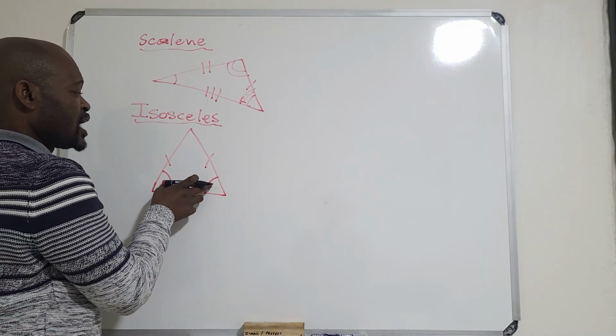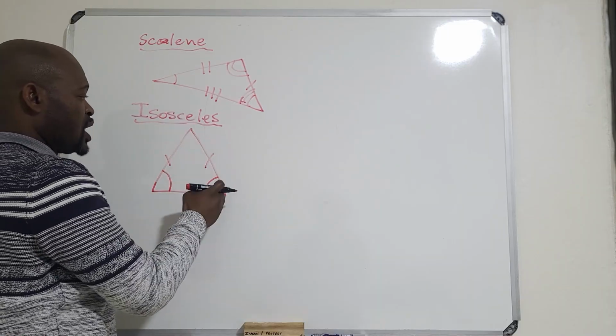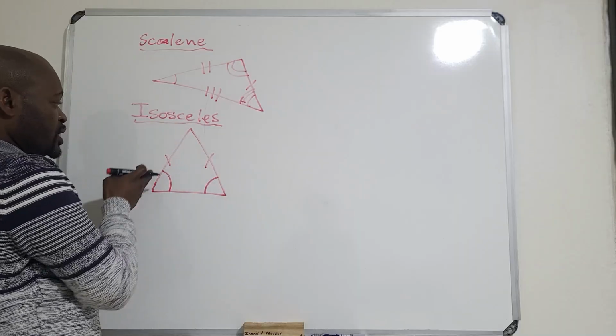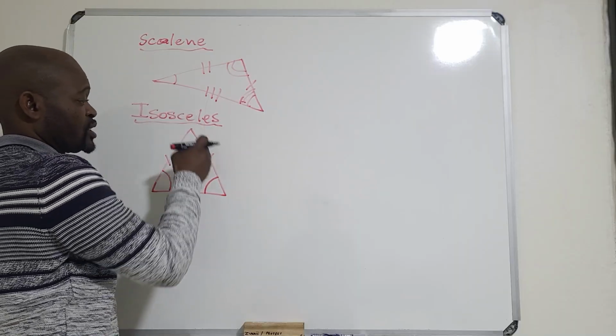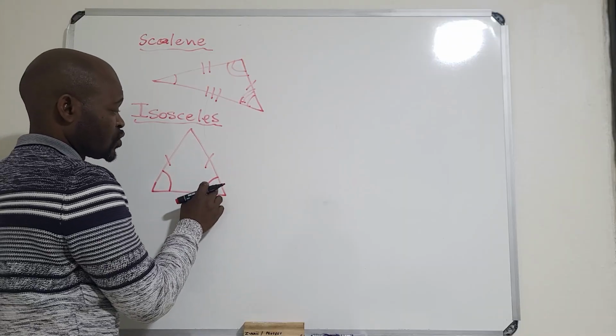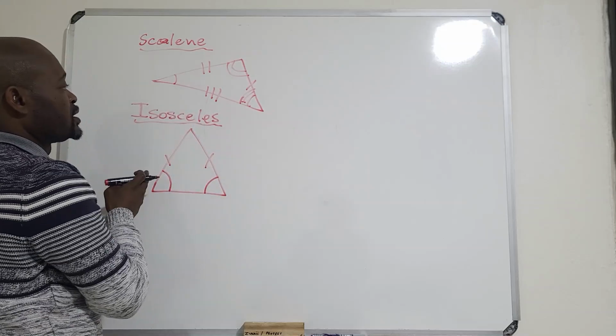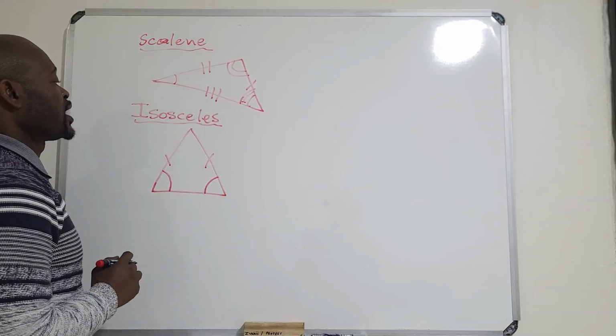These angles are equal because they are opposite equal sides. This angle is opposite this side, this angle is opposite that side. Therefore, it means that this angle is equal to this angle since they are opposite equal sides. That is an isosceles triangle.